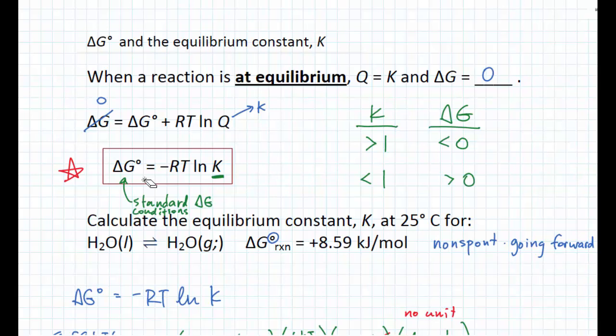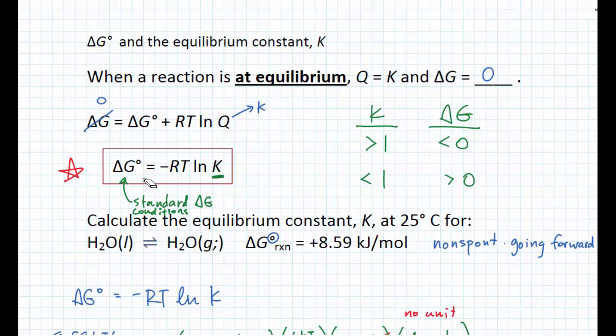In graduate school, I took an entire course on thermodynamics that pretty much spent half of the time talking about equilibrium and free energy changes. But obviously this just scratches the surface. You'll honestly be okay if you can plug values into these equations.